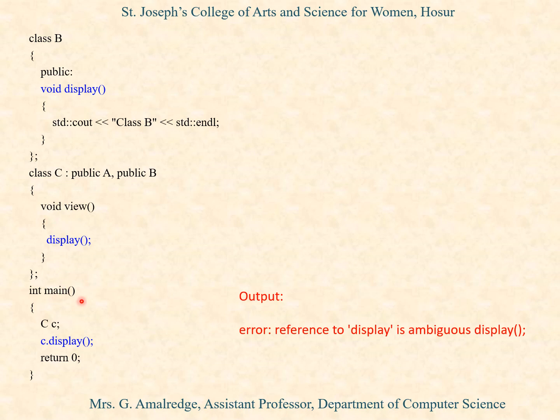In the main function, we are creating an object for the class C, and we are calling the method display with the help of C. Now we are getting an error message because whenever we call the method display, our compiler gets confused because both classes A and B have the same method display.